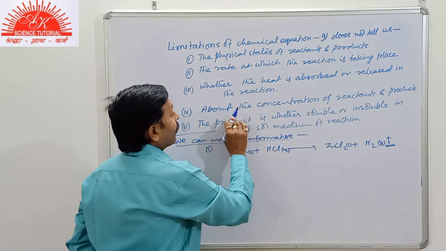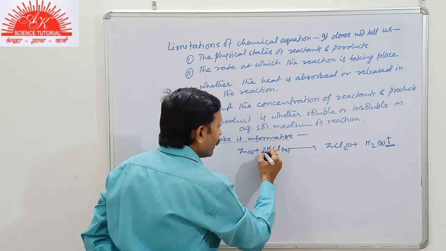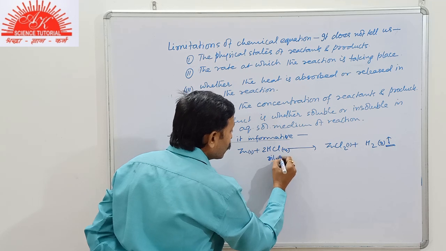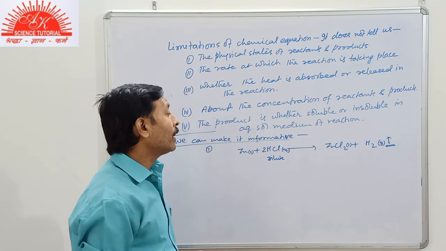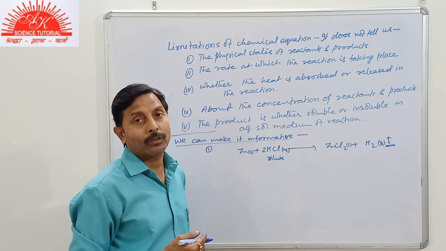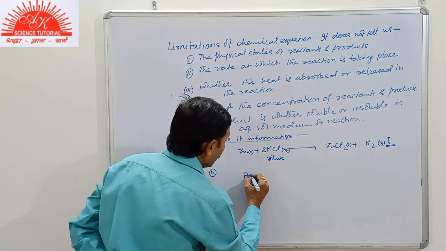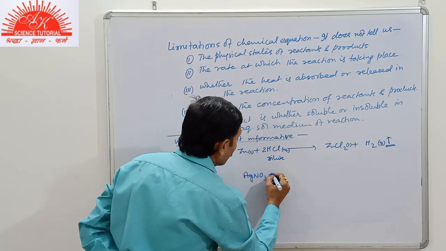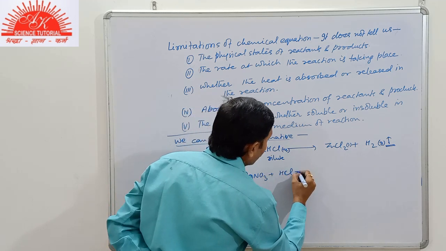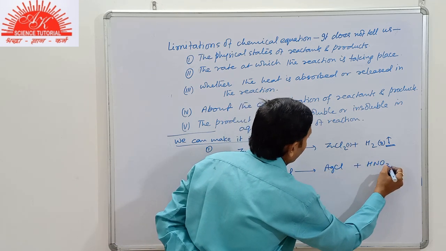Second, about the concentration. In such equations, this should be dilute. So we should write whether the acid taken in the reaction is concentrated or dilute. Next, suppose in another example, AgNO3 plus HCl gives AgCl plus HNO3.